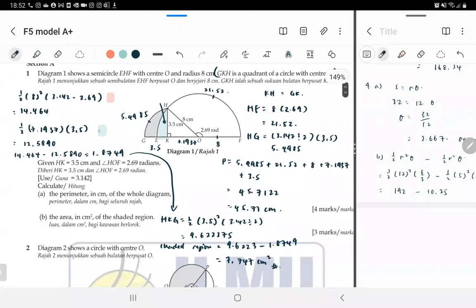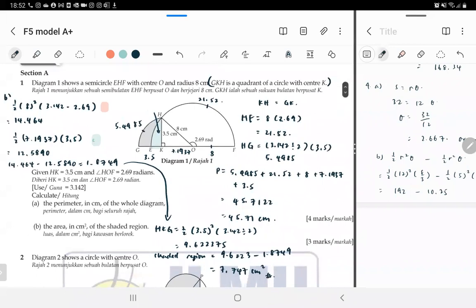Okay. This is part B. This is part A. Okay, understand for question number 1? If you finish already, continue with question number 2. You have the book, right? Question number 2 should be an easy one.